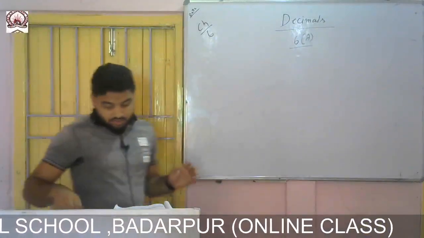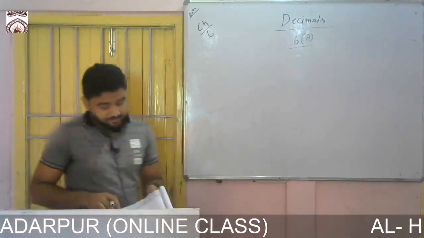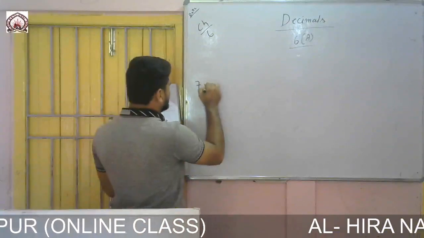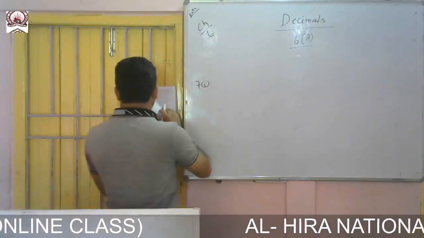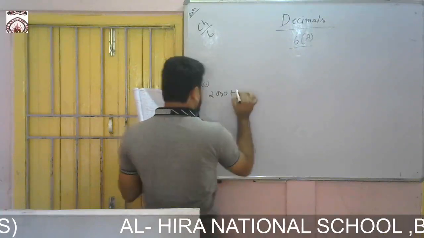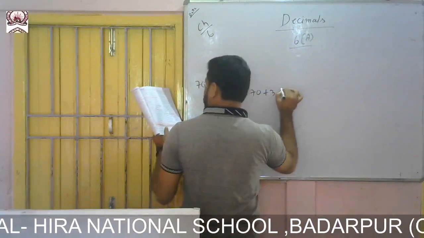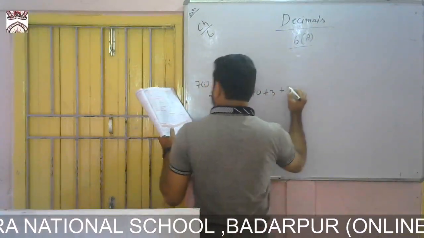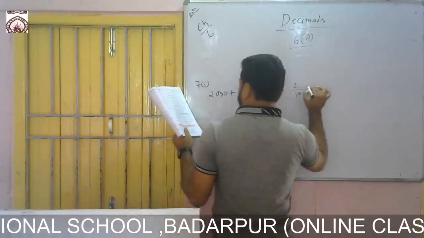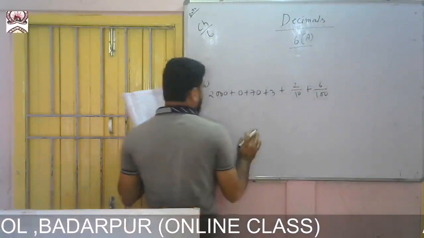In question number 7, the first one is 2000 plus 0 plus 70 plus 3 plus 2 by 10 plus 6 by 100. So it is very easy.